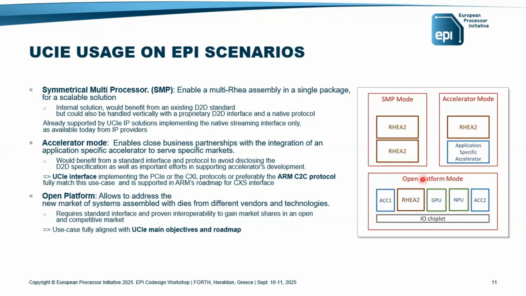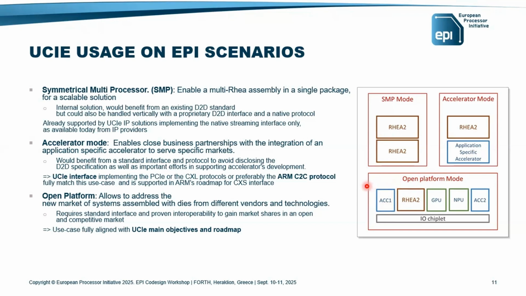Finally, the third use case is the open platform, to address a completely new market of systems assembled with dies from different vendors and technologies. Once again, this use case is fully aligned with the UCIe main objectives and roadmap.